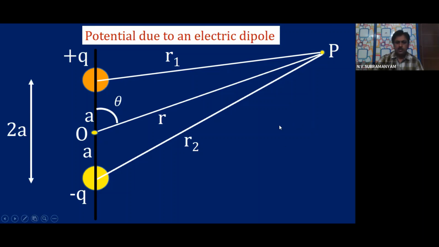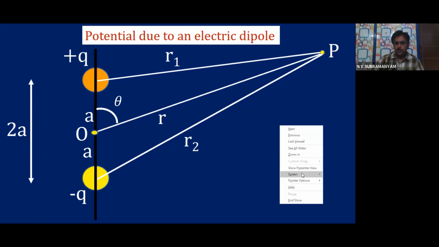Just a minute, children. So that figure is like this actually. If you see, this is plus q, this is minus q, this is the point P, this is O, this is theta.